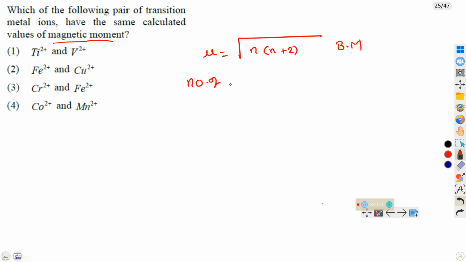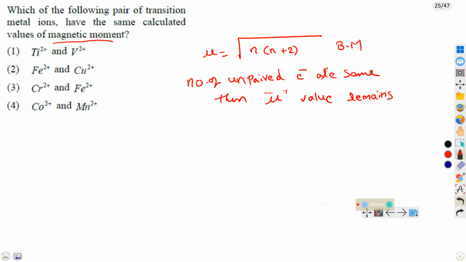If the number of unpaired electrons remains the same, then mu value remains the same. So based on this, you can check it.